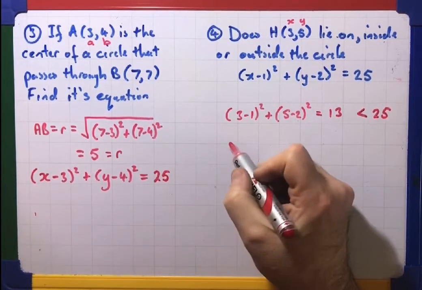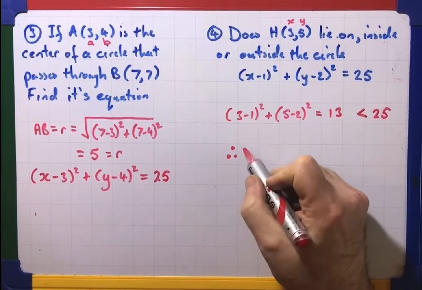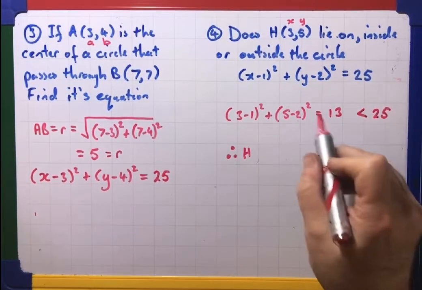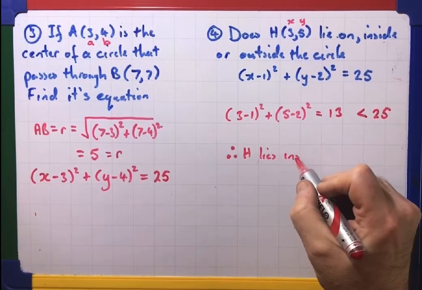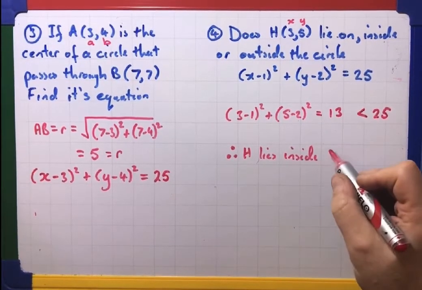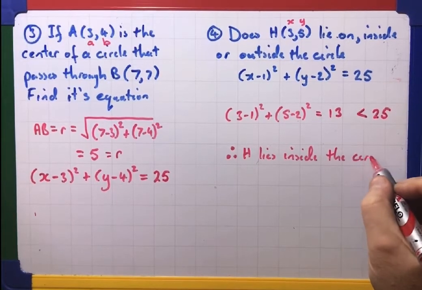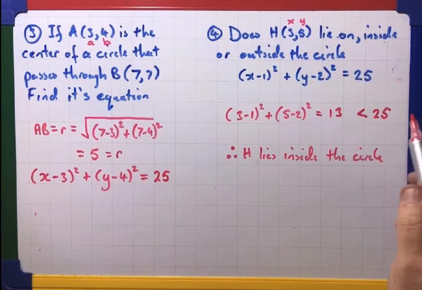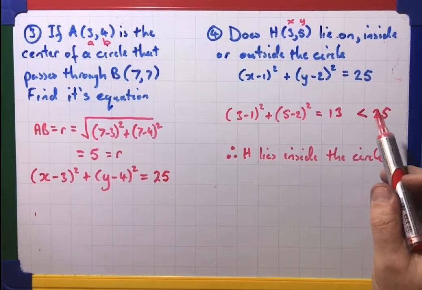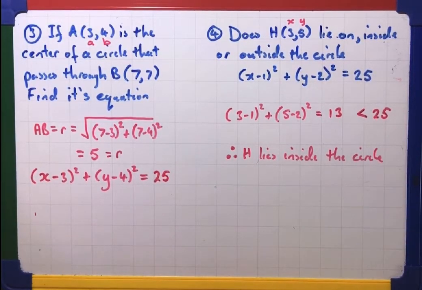Therefore, because it's less than 25, H lies inside the circle. Remember, if it had been more than 25, it would be outside. If it's equal to 25, it's on the circle. Okay, we'll do a couple more examples.